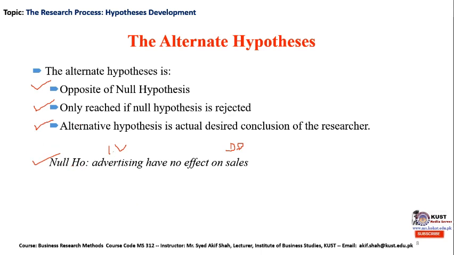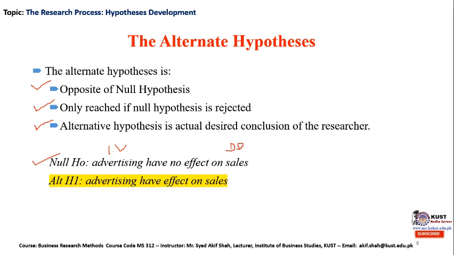The researcher is interested to reject this null hypothesis, because he is interested to infer or confirm the alternative hypothesis. The alternative hypothesis is usually depicted or labeled as H1, with 1 in the subscript, and the null hypothesis is usually labeled, by norm, as H with subscript naught, H0.